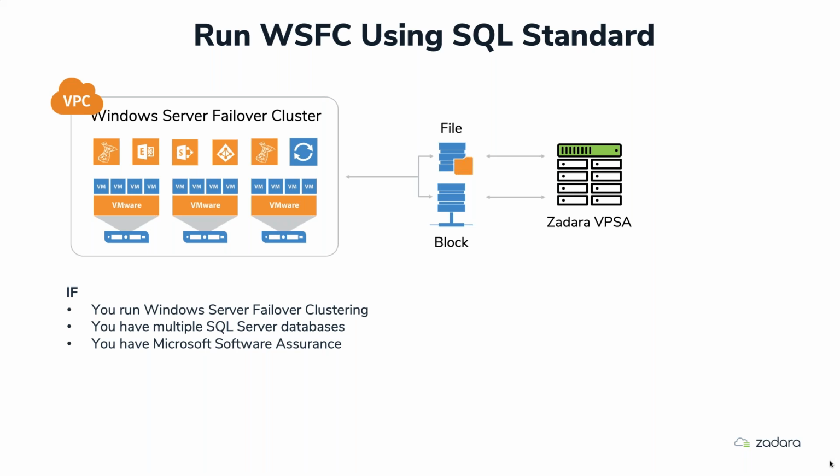Now here are the conditions. This is the build, so I didn't dump all the text out at once. If you have failover clustering, and you have multiple SQL Server databases, and you have Microsoft Software Assurance, and you need clustered SQL Server for availability. Yeah, that's the key. Right?